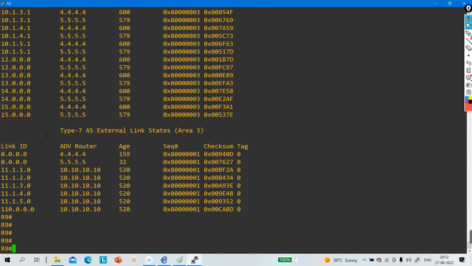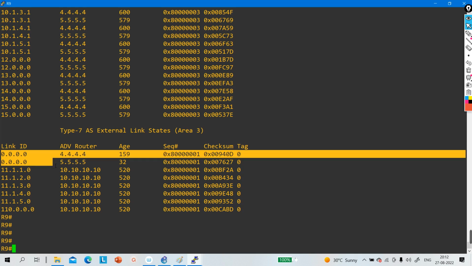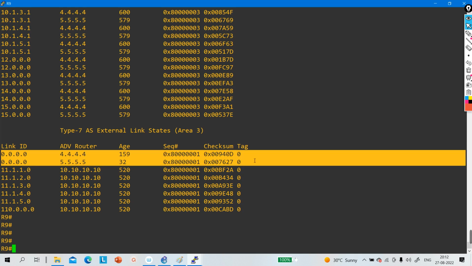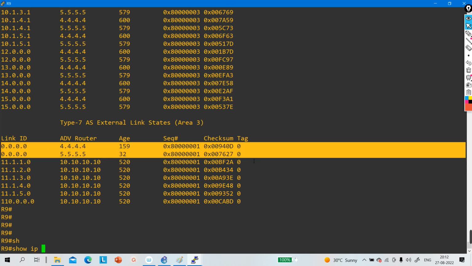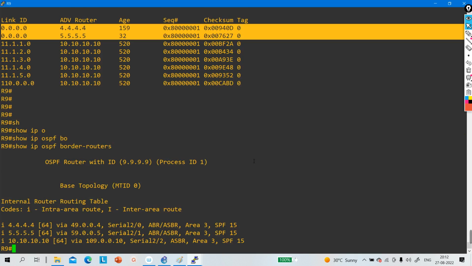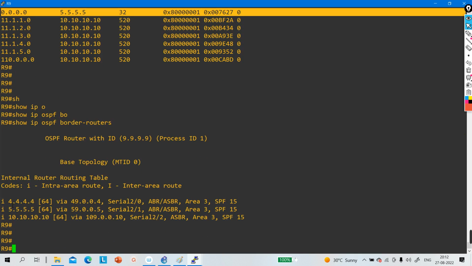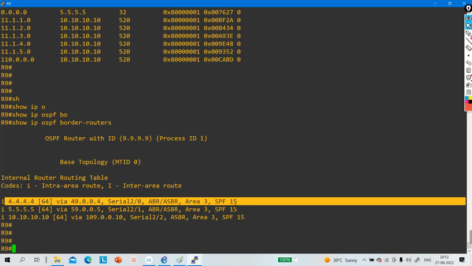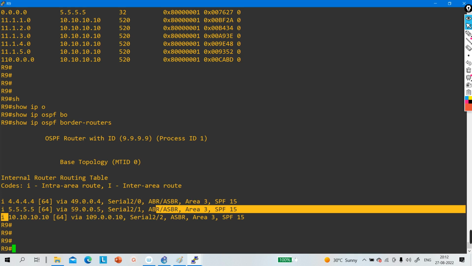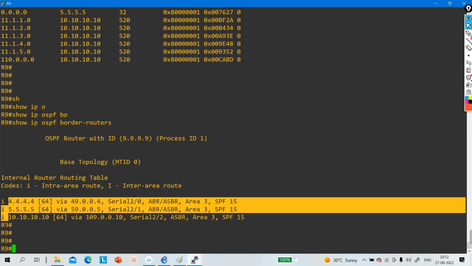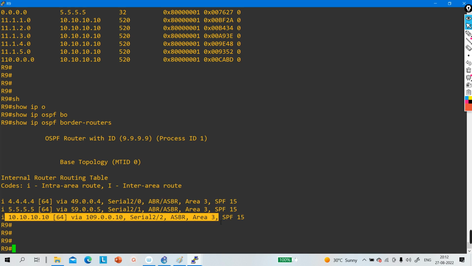Now you can see router 9 is receiving two LSA 7s from the ABR routers. Now 4.4.4.4 and 5.5.5.5 are ABR as well as ASBR. So IP OSPF border-router. You can see 4.4.4.4 is ABR as well as ASBR, 5.5.5.5 is ABR as well as ASBR, and 10.10.10.10 is only ASBR.